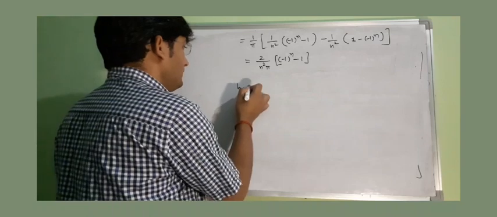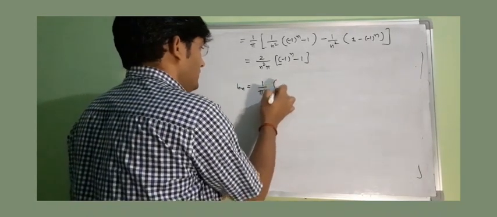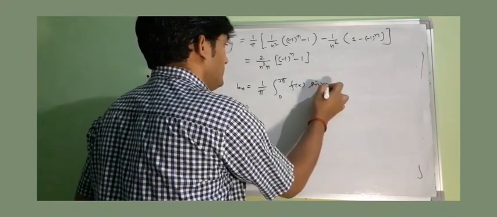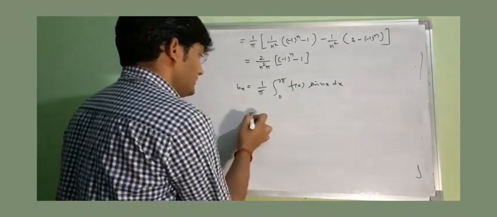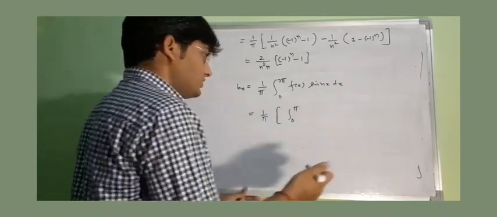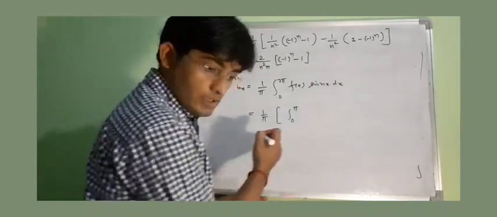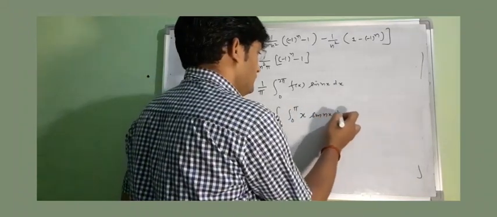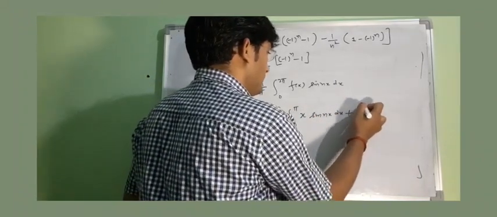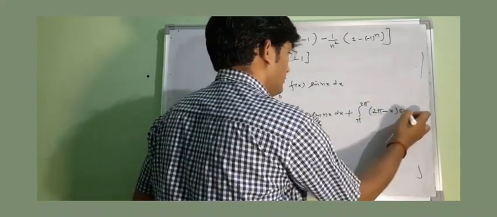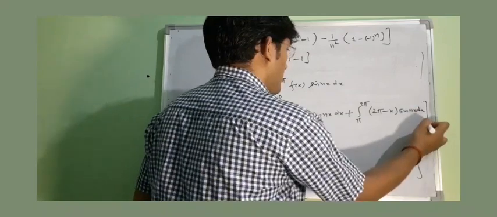Our Bn will be 1 upon pi integral from 0 to 2 pi of f(x) sin nx dx. So this is equal to 1 upon pi. Now as f(x) has two values, that is x and 2 pi minus x, times sin nx dx.